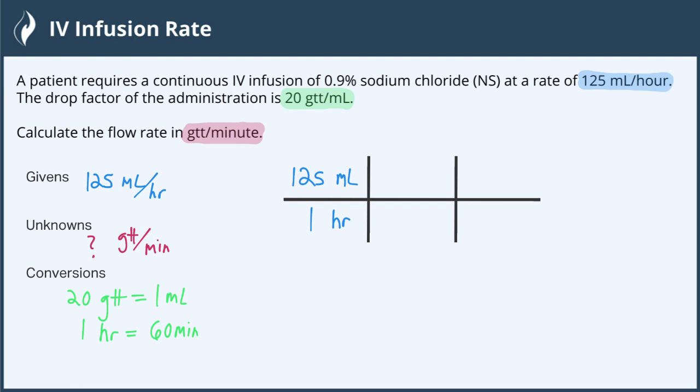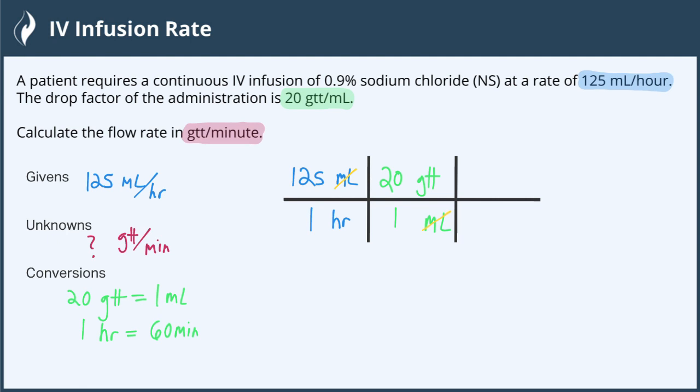Well, in what I'm given, I have milliliters, so I need to cancel the milliliters out. Since there's milliliters on the top, I'm going to put milliliters on the bottom to cause that to cancel. That means that drops is going to go on the top. Now, if you remember, our conversion said 20 drops for 1 milliliter, and we do see that milliliters cancel.